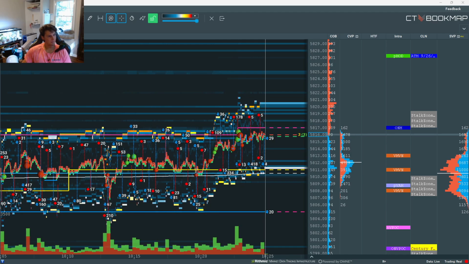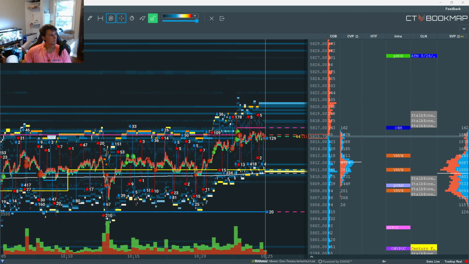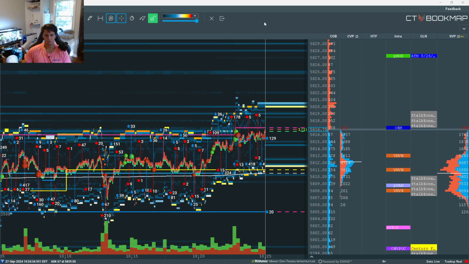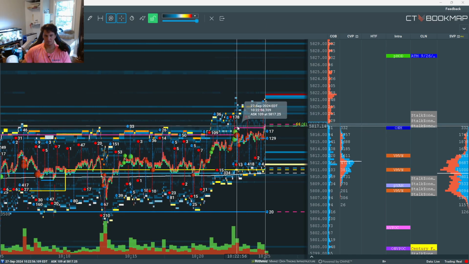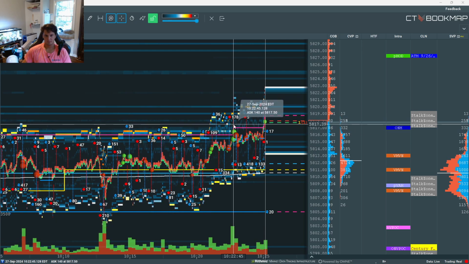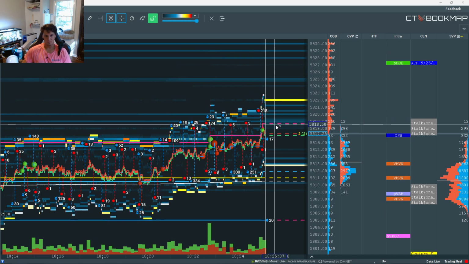If we break above this stock zone, then we have the all-time high zone. Putting in some decent volume here. There's a break of the overnight high. We see a buyer up here.